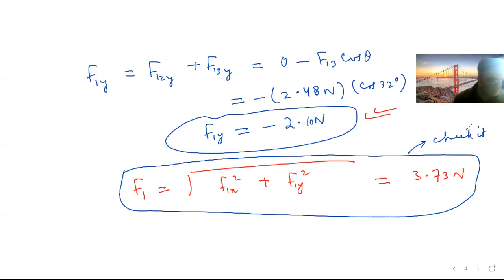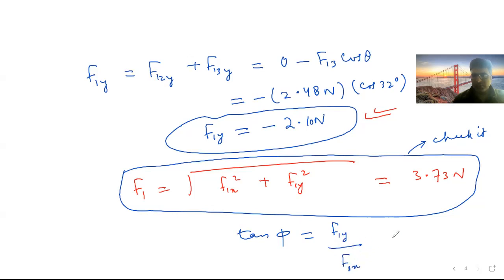Then you have to find the direction. Direction you can find: tan phi, if phi is the angle made by F1 with the positive x-axis, measured in counterclockwise sense, as you know, it will be y component by x component, F1y by F1x.